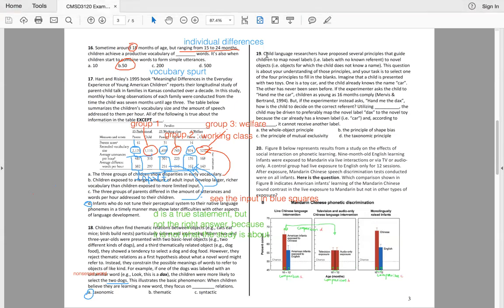19. Child language researchers have proposed several principles that guide children to map novel labels to novel objects.